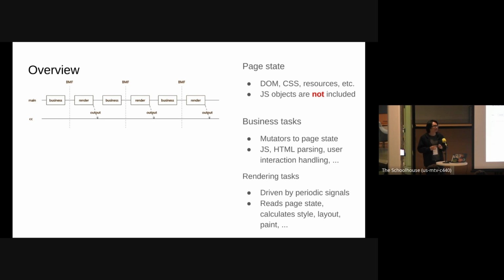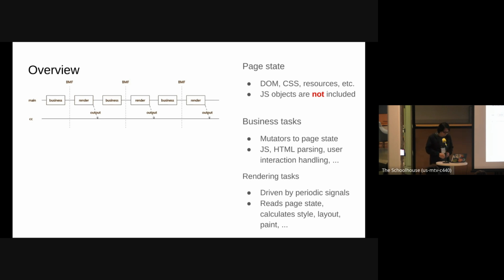Rendering is triggered by BeginMainFrame signals, about 60 times a second. What it does is read the page state, which is mostly DOM, do a bunch of calculations, and then push the output to a backend, which is currently CC.